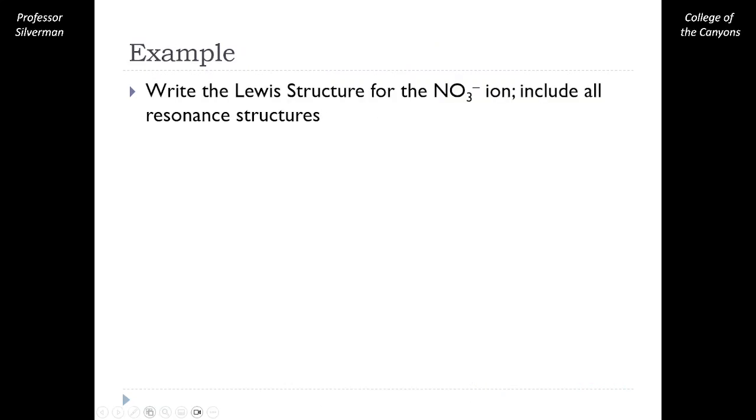All right, we can pull this all together with an example here. Draw our Lewis structure for nitrate, including all resonance structures.